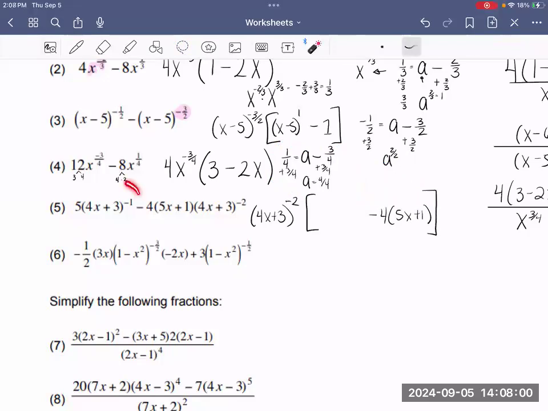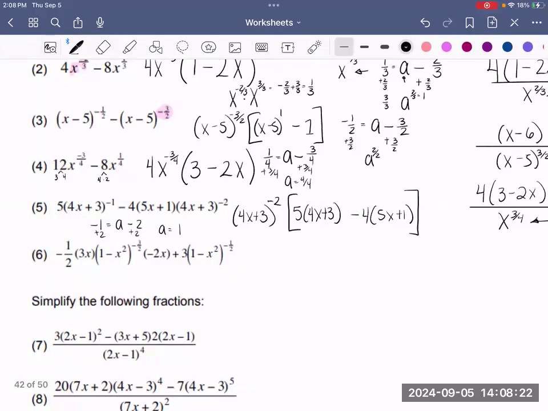And then in its place, if we want negative 1 to be left, we have a minus 2, so we can add 2 to the other side. So a is going to be positive 1. So in its place, we're left with 5, 4x plus 3, just 1 left behind.